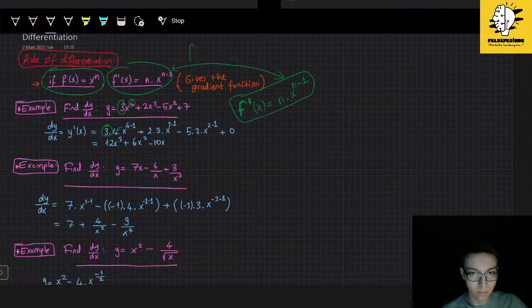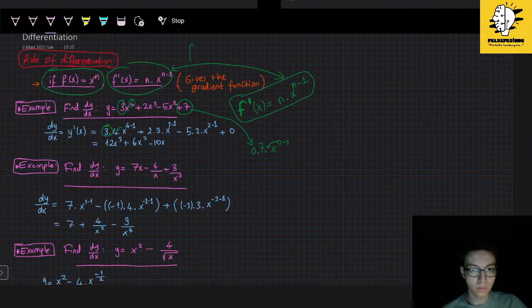But as an exception, and this might confuse you, let me explain it. We have 7 times x to the power of 0, but we cannot reduce it by minus 1 because the power goes here as 0. So constants will always be 0.